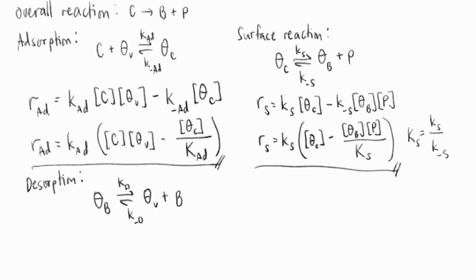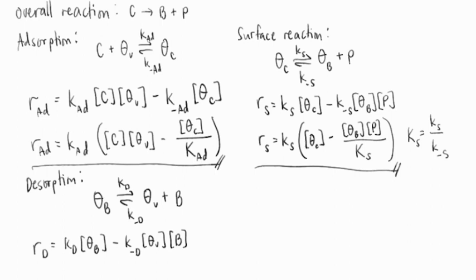We can then write our net rate of desorption as small kd multiplied by the concentration of the active sites containing benzene minus small k negative d times the concentration of the vacant active sites times the concentration of free benzene.